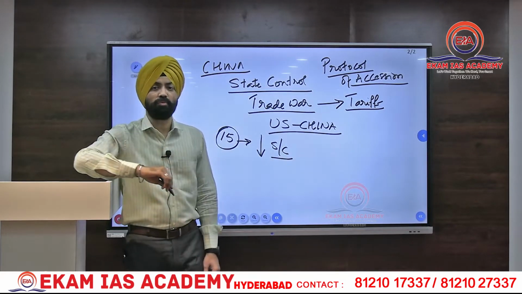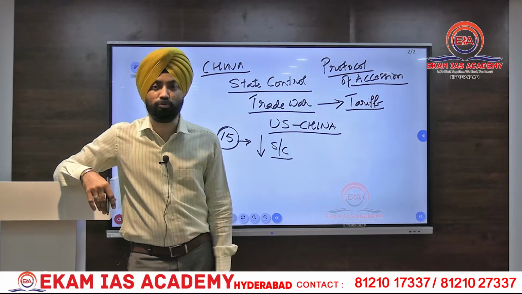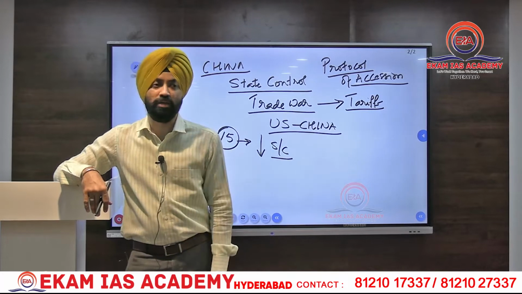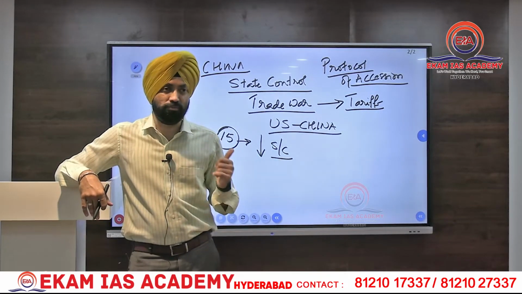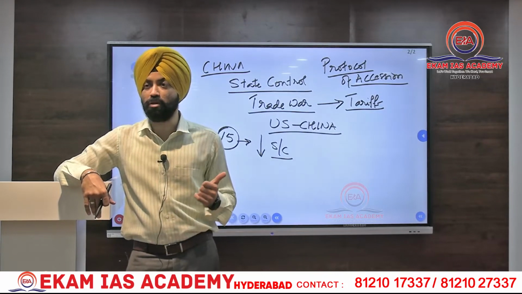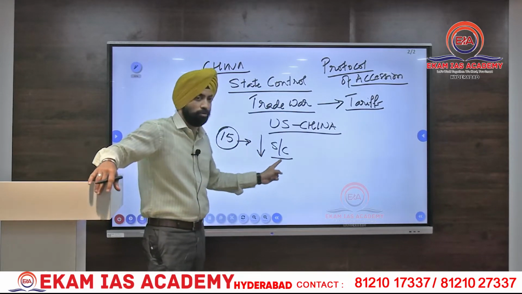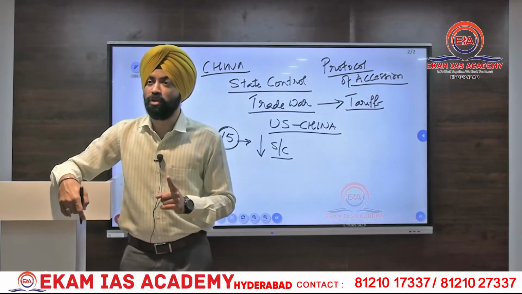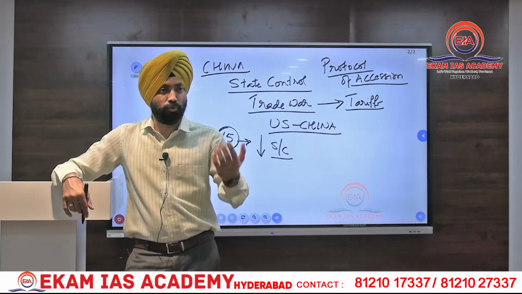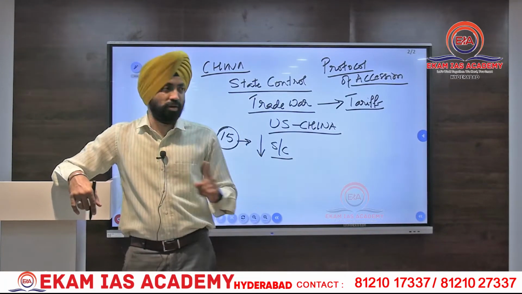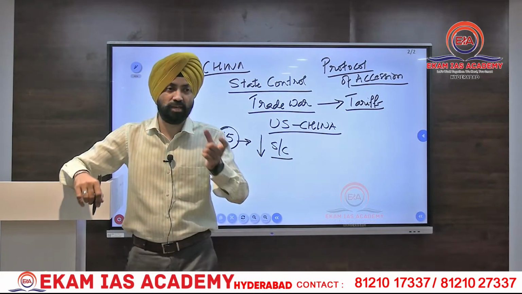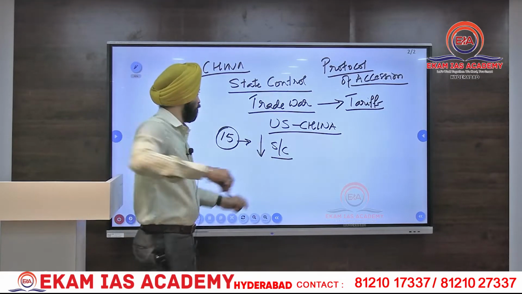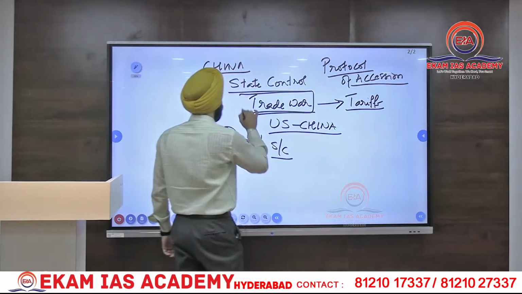But when this 15 years time was complete in the year 2016-17, that is when Donald Trump said, despite the fact that you were given 15 years of time to open up your economy and also reduce the state control, you failed to do so. That is the reason why whenever I am importing something from you, I will definitely impose tariffs on you. So this tussle between China and US came to be known as the trade war.